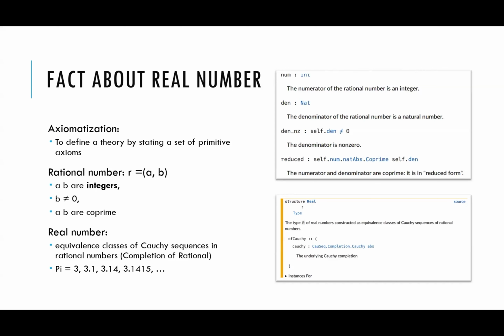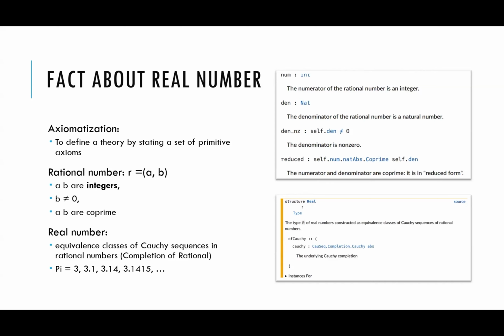The axiomatization of real numbers has always been hard in the history of mathematics. If you have learned calculus or analysis, it's all about Dedekind cuts or some completion theory, right? But Lean chooses a quite simple way, which is to use rational numbers to construct everything.